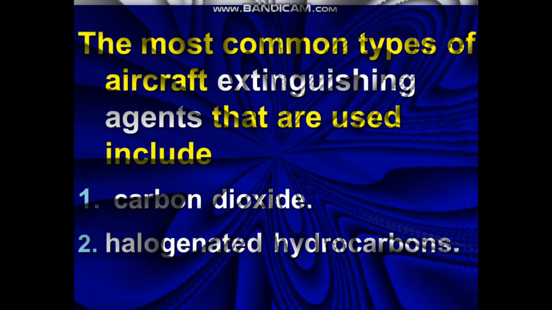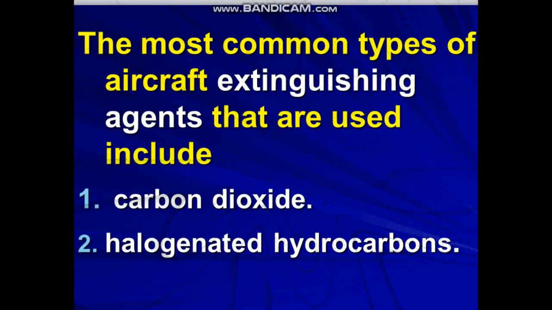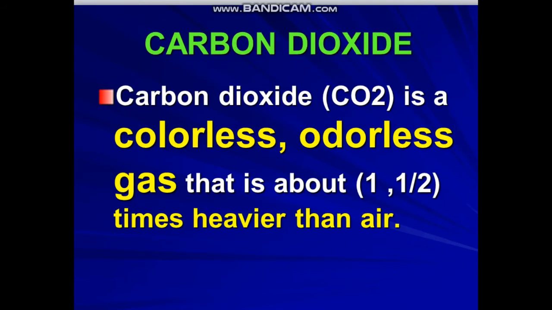The most common types of aircraft extinguishing agents that are used include carbon dioxide and halogenated hydrocarbons. We will talk about the characteristics of carbon dioxide and the halogenated hydrocarbons, and we will start with carbon dioxide.